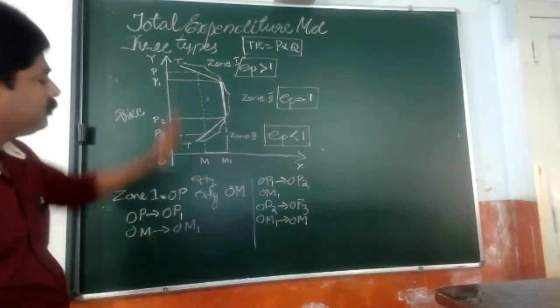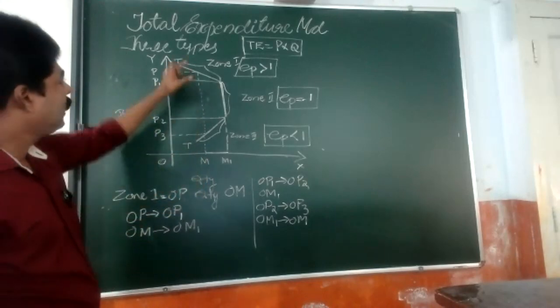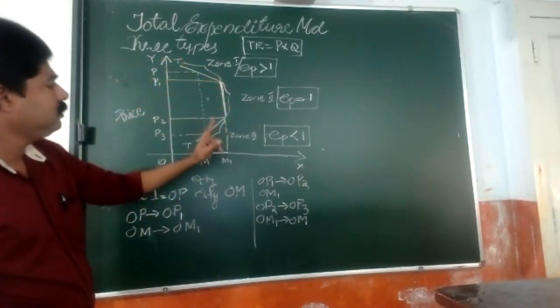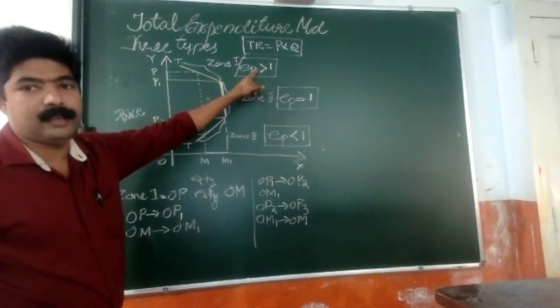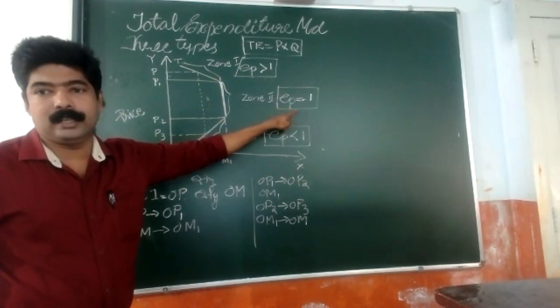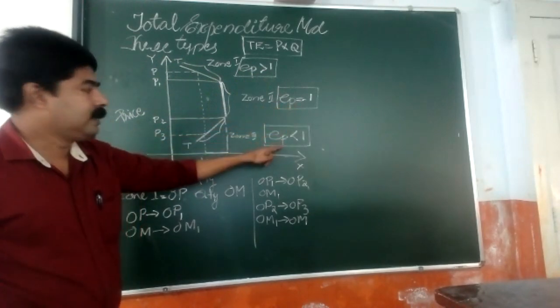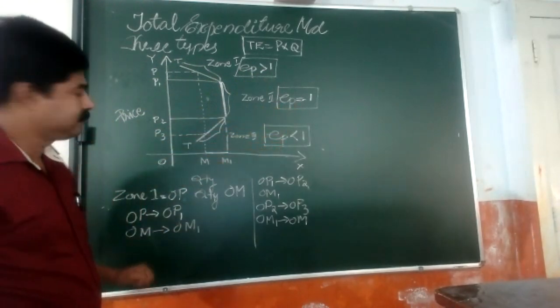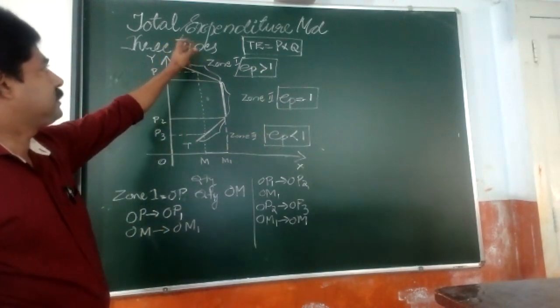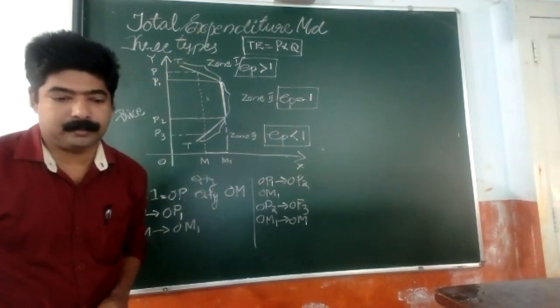So you have to draw this diagram like this and note everything: zone 1, zone 2, zone 3, all the values. Greater than 1 is elastic, equals to 1 is unitary, less than 1 is inelastic. Three types of elasticity taught by the total expenditure method.